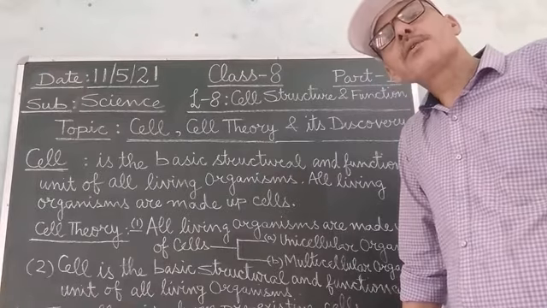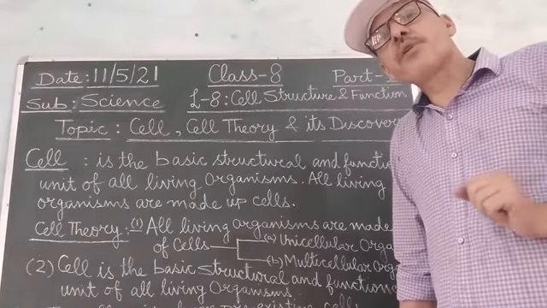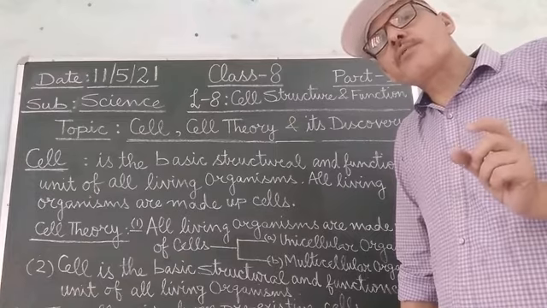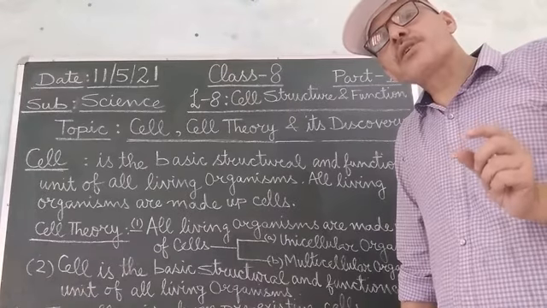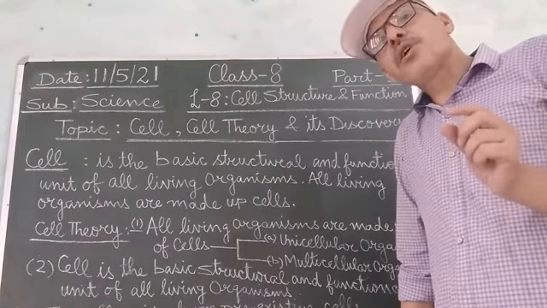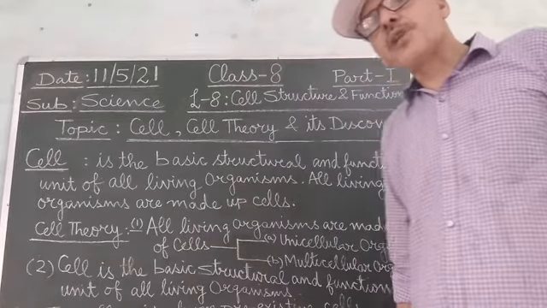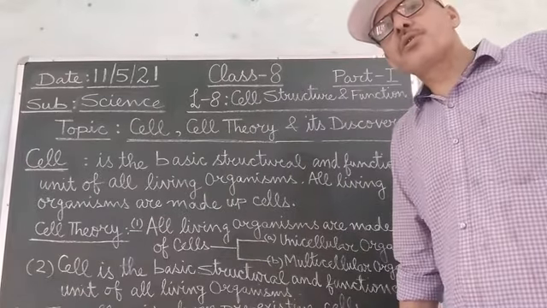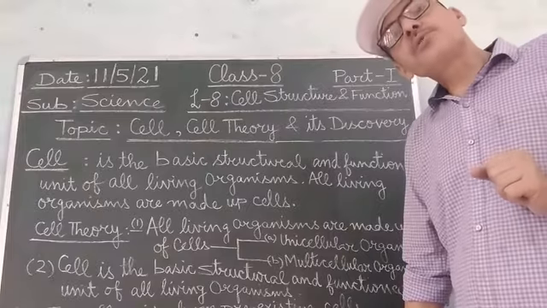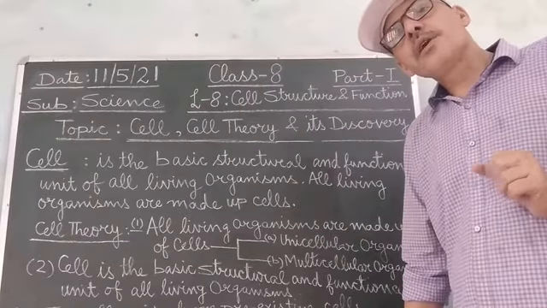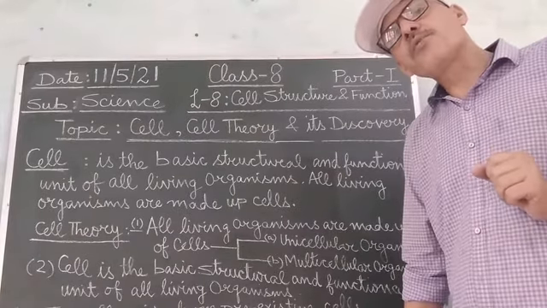Then the smallest cell found is the bacterial cell. So the bacterial cell is smallest in size. Then the biggest cell in comparison to size is the egg cell of the ostrich.